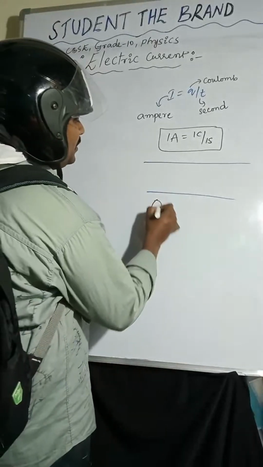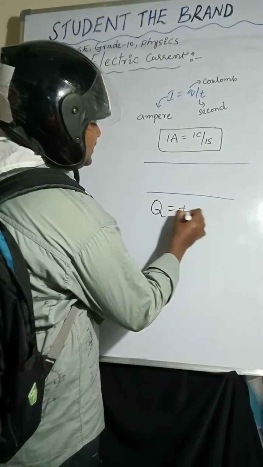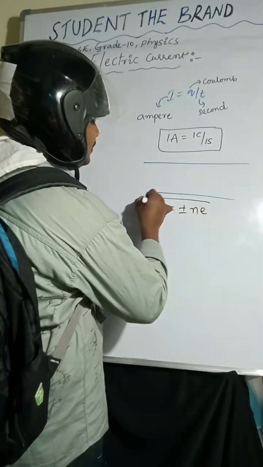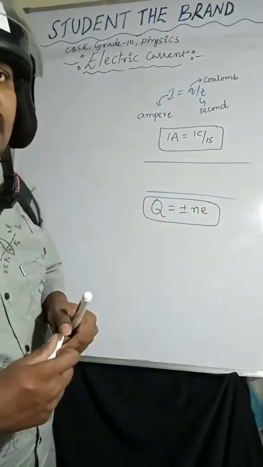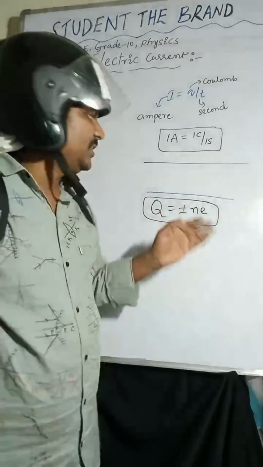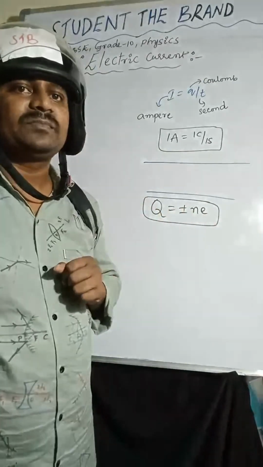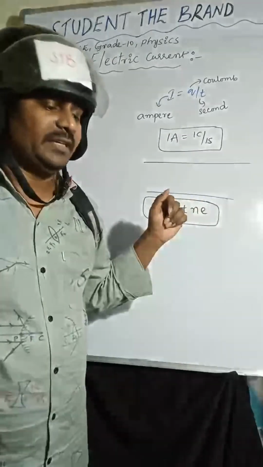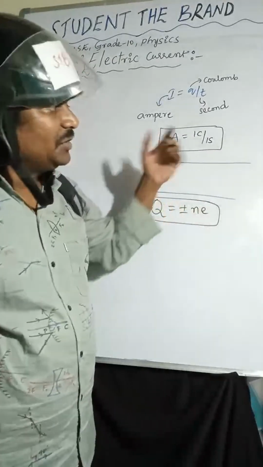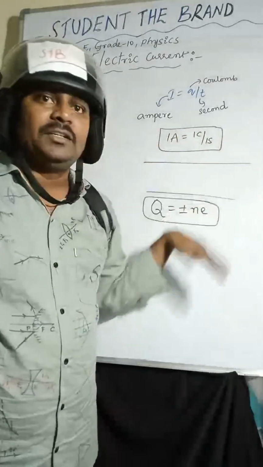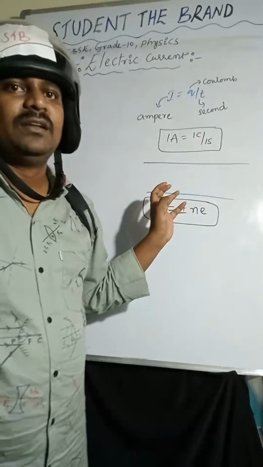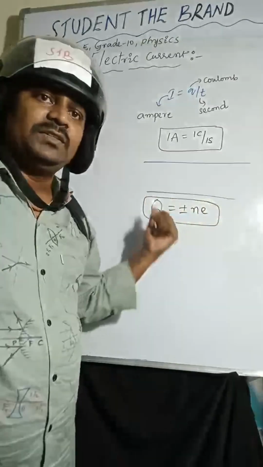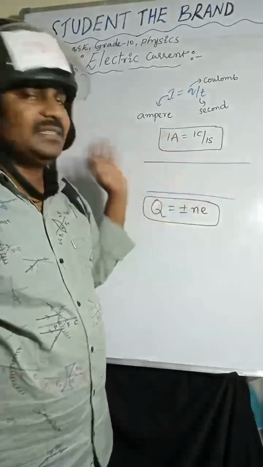Q equal to plus or minus Ne. Sir, why are you taking plus or minus Ne? The reason behind this is that positive charges are there, and at the same time negative charges are there. Both are moving inside of the conductor.